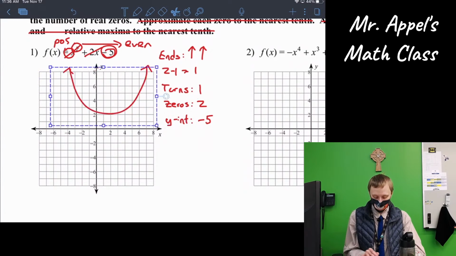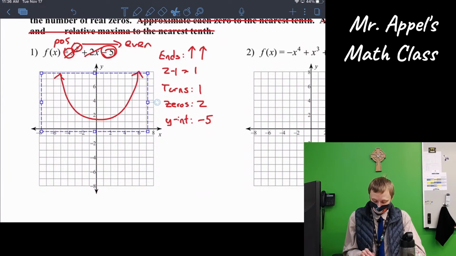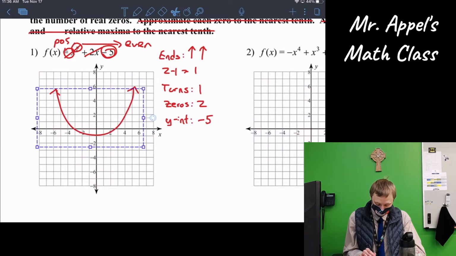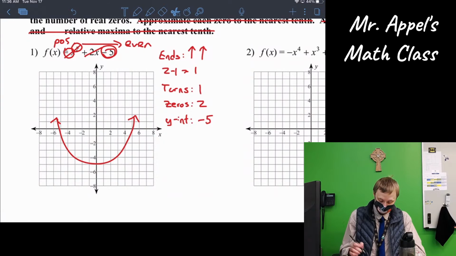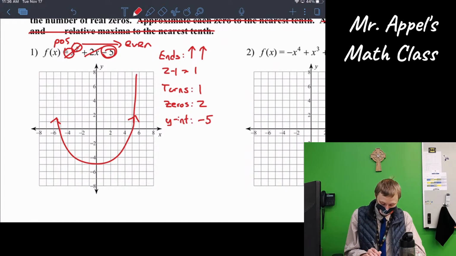Don't stick it over here or over there unless you have reason to. And we know our y-intercept, so we're going to drop it 1, 2, 3, 4, 5 down there. Maybe make that a little bit taller since it starts so low. Extend your ends up a little bit. Fill the whole graph. There we go.